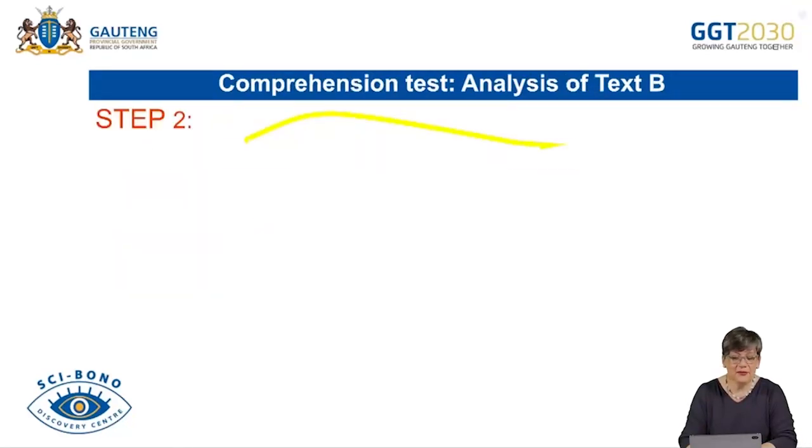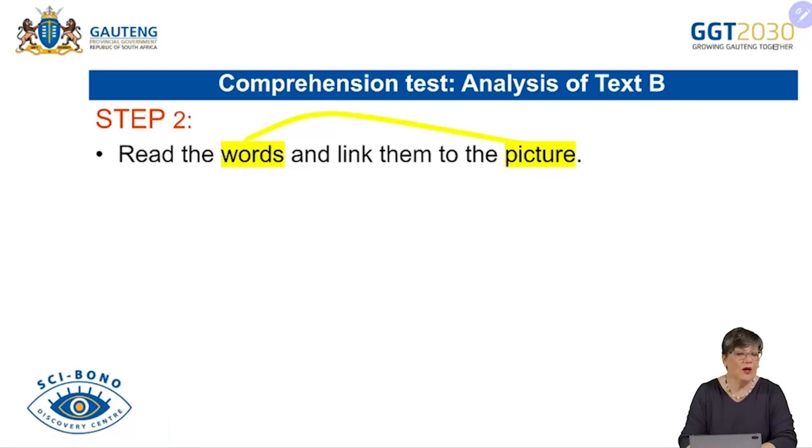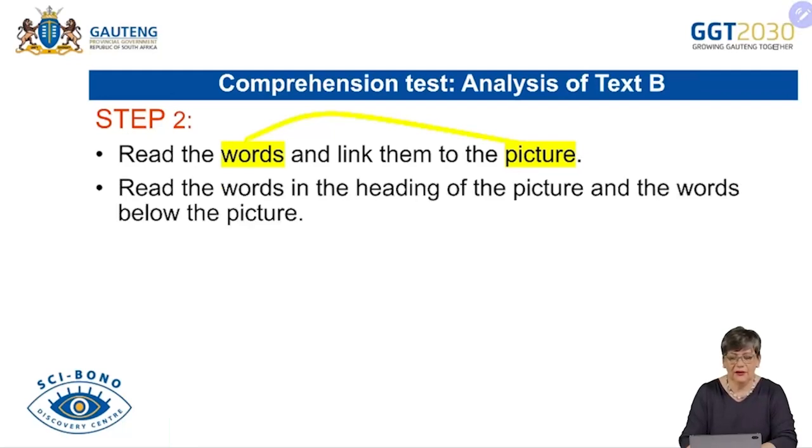Now, step 2. Remember, we only looked at the visual part. Now, you have to look at the words. Read the words carefully and try to link them to the picture. In other words, what's the connection between the words and the picture? Look at the words in the heading and look at the words below the picture. And always look at where they placed the words.